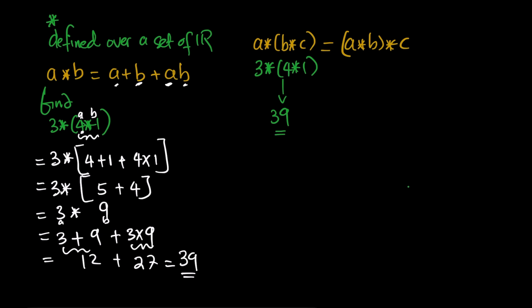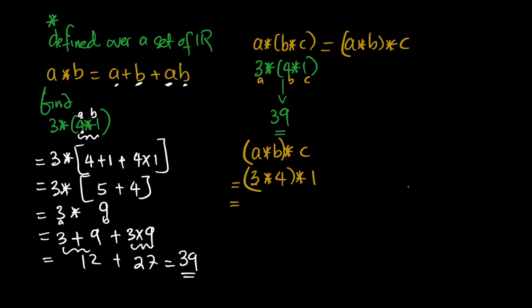But we need to solve that first. So A star B star C is the same as our A, which is 3, star our B, which is 4, star the C, which is 1, because this is A, B, and C.